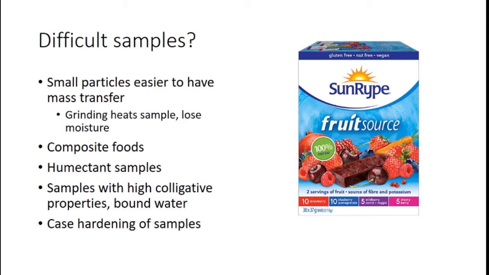Humectant samples. Some foods just suck moisture out of the air, and the chemistry of those foods becomes problematic. And so this is where you do need to be aware of the temperature being used for the heating process, and you want to be using a well-charged desiccator to stabilize those samples, and then moving very quickly in an environment where the relative humidity is being controlled well.